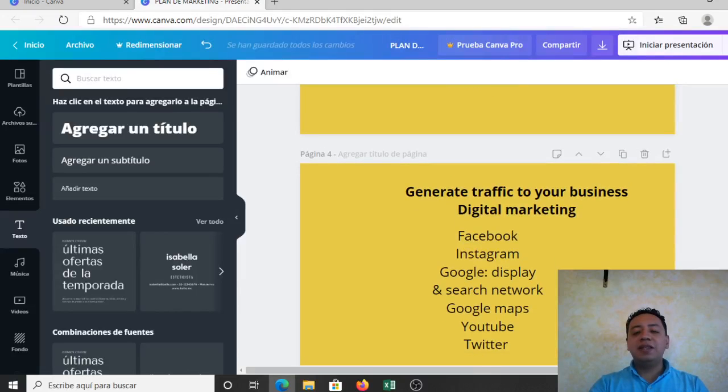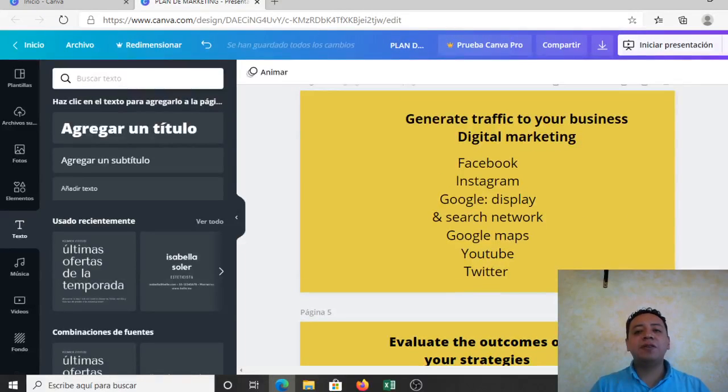Another kind of strategy is to generate traffic to your business through digital marketing campaigns. For example, if you want to attract more leads to your business, you need Facebook, Instagram, Google Ads.